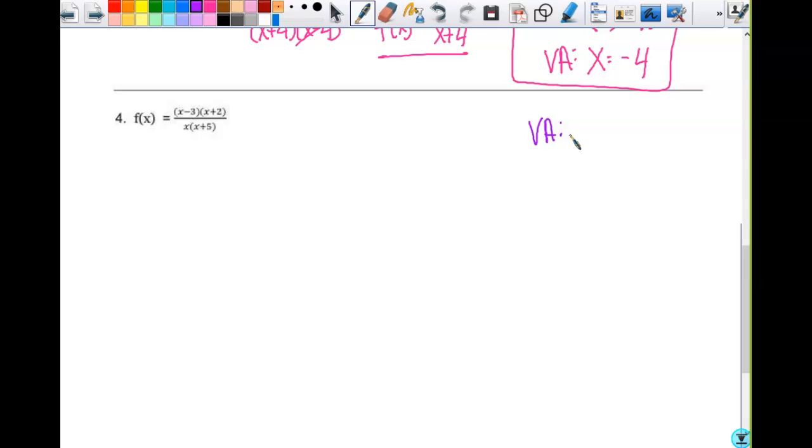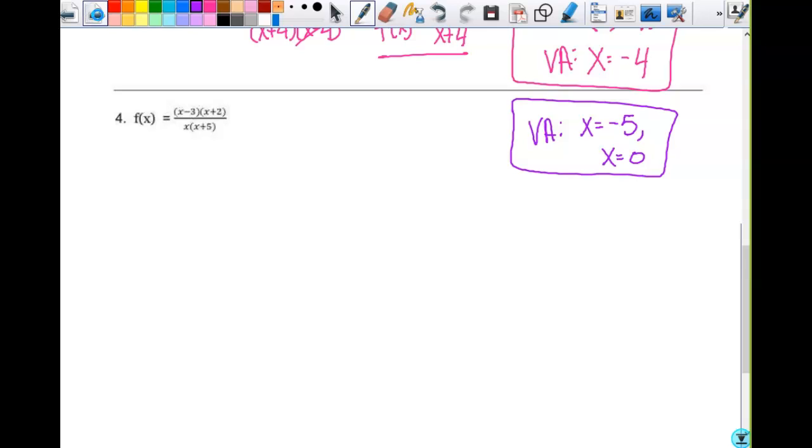How many am I going to have? 2. And it's nice that it's already factored for me. So I have x equals -5 and x equals 0. And there's really no work at all there. Okay. Are we all good with all that? Any questions at all? Okay.